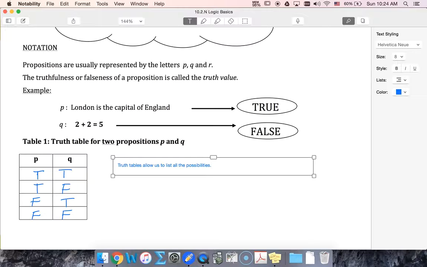Always start in the first column by taking your total number of rows and dividing it in half, and then doing half trues and half falses. Then with that half, again divide it in half to list trues and falses, and that will give you all your possibilities.